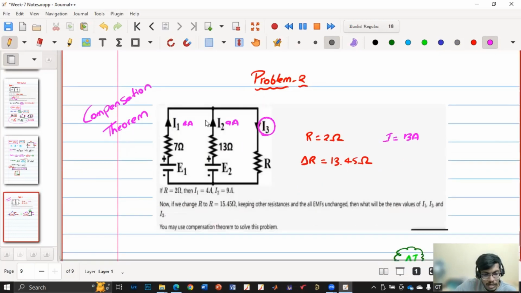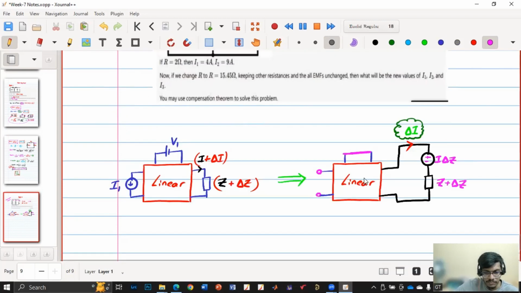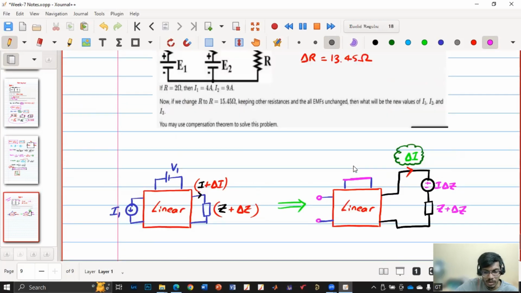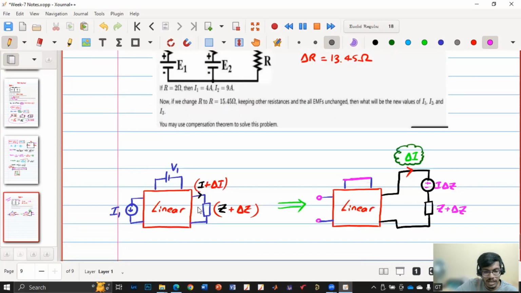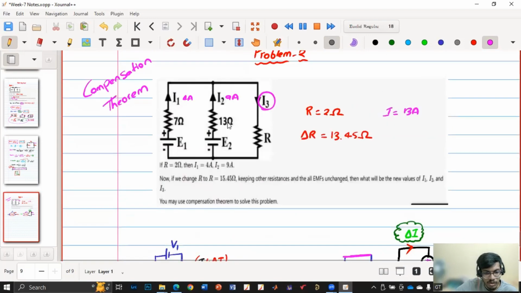Now I do not know anything about this circuit. How will I proceed? But I know this compensation theorem. I know delta Z, I know Z plus delta Z, and I know what to do with the circuit. I will short these two and replace this R plus delta R with this kind of circuit. So here 7 ohm, 13 ohm.